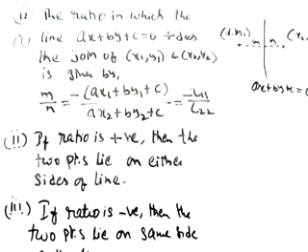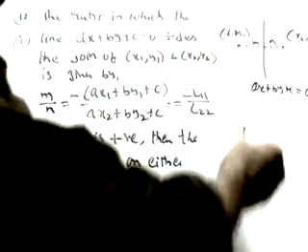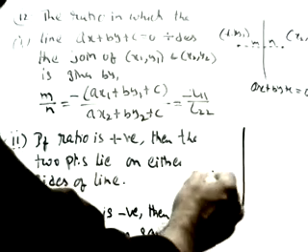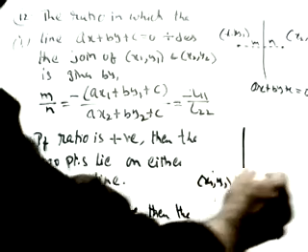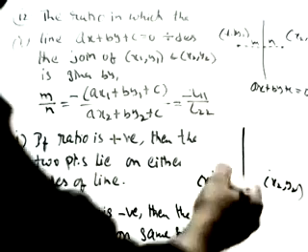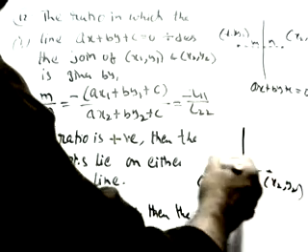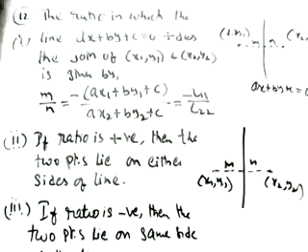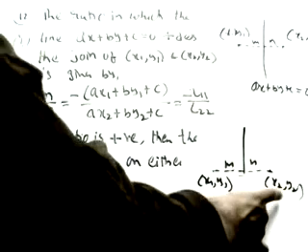Now see the next concept. The ratio in which the line ax plus by plus c equals 0 divides the join of x1, y1 and x2, y2. Suppose there is a line, and we have two points x1, y1 and x2, y2. Then suppose the ratio in which the line divides this is m:n.